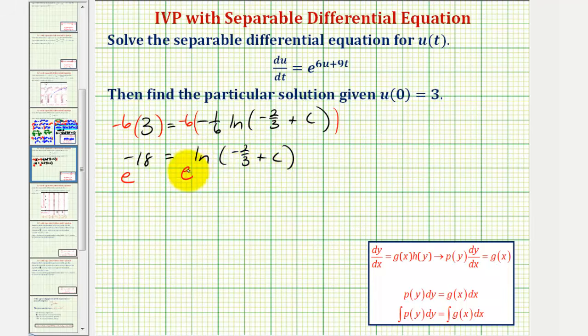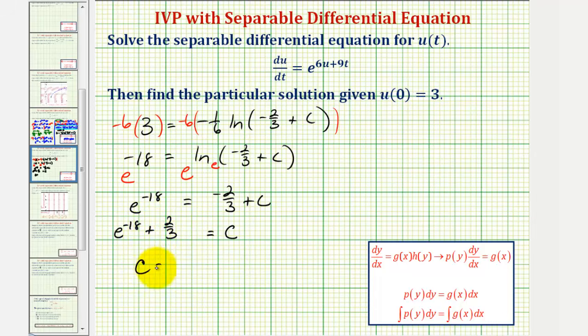Looking at the right side here, because we have base e and natural log is base e, the right side simplifies nicely to negative 2/3 plus c. On the left we have e raised to the power of negative 18. So to solve for c, we would add 2/3 to both sides. So we have c equals e to the negative 18 plus 2/3.